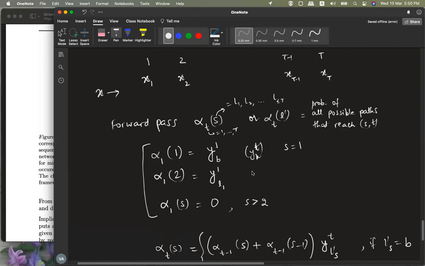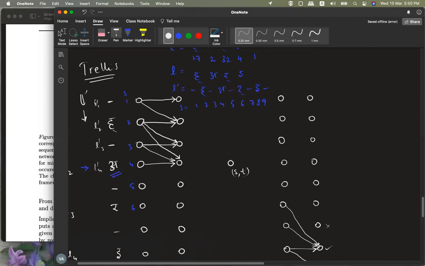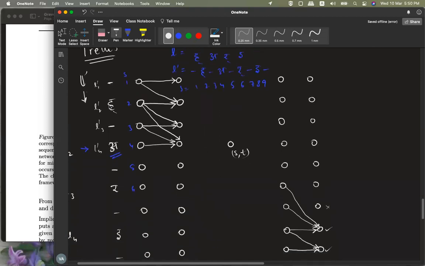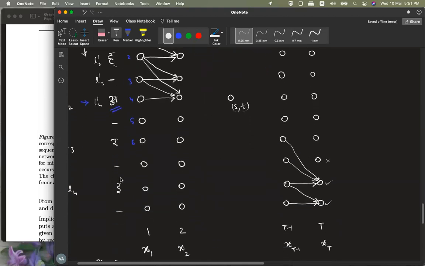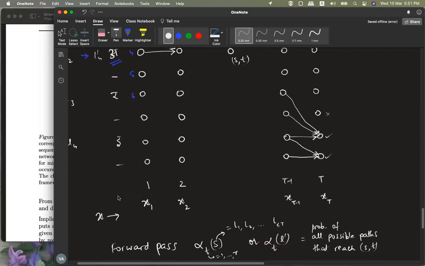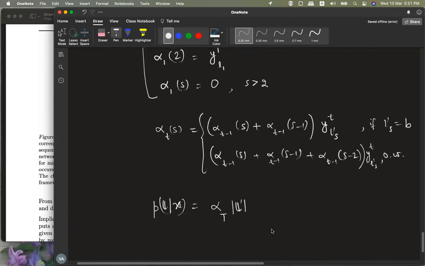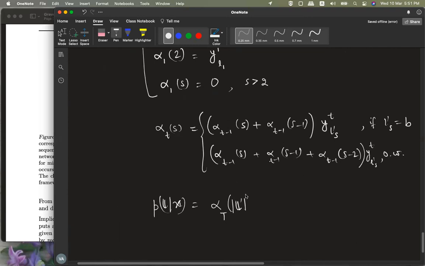My L dash is a vector, no? This is my L dash vector, which starts with blank, and so on, ending with E, blank. So it is alpha T at the length of the L dash vector, or alpha T at the length of the L dash vector minus 1. This is the blank, and this is the last phoneme.